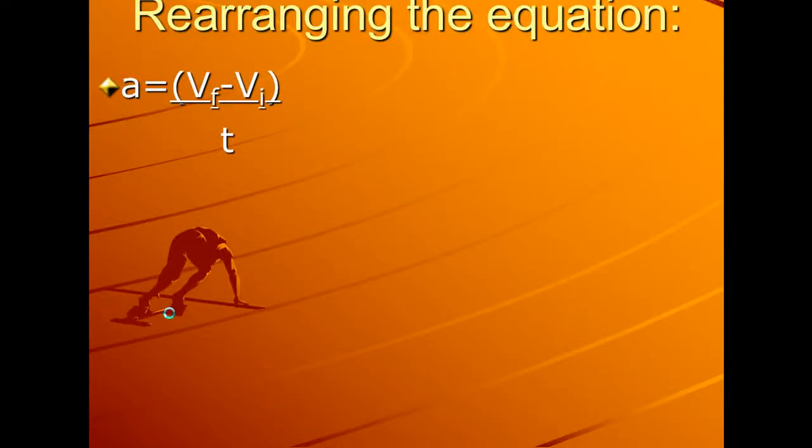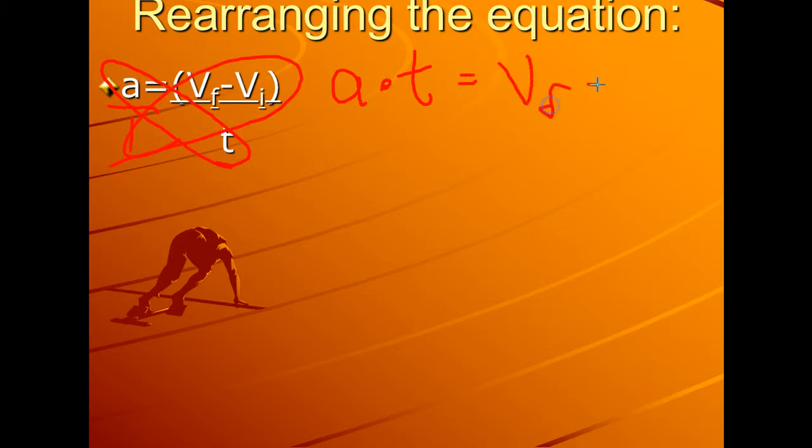So if we rearrange that equation, we can do this just like we did when we had the speed equation or the velocity equation. We can put the acceleration over 1 and we can cross multiply. So say we are wanting to solve for one of the velocities, right? So we could say a times t equals the velocities. So if you were solving for final velocity, you could do final velocity minus initial velocity equals a times t.